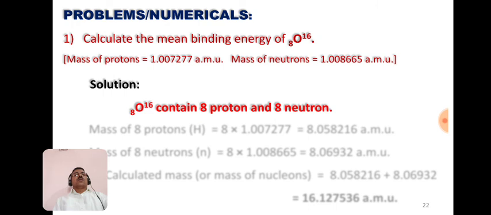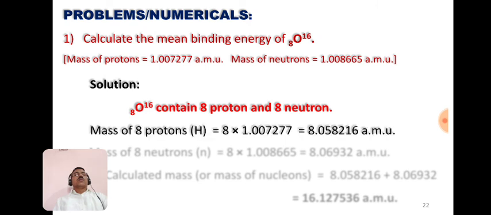So here oxygen, atomic number 8 and mass number 16, contains 8 protons and 8 neutrons. So mass of proton is 1.007277. As there are 8 protons, the mass of 8 protons is 8 into 1.007277, and it is equal to 8.058216 atomic mass unit.